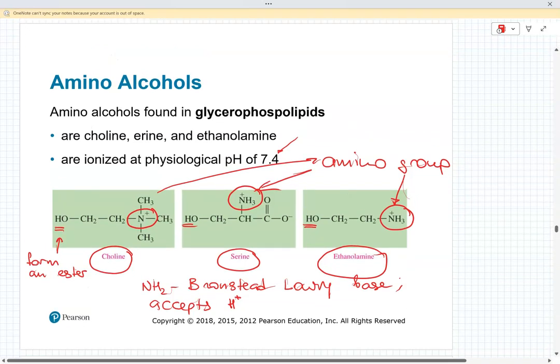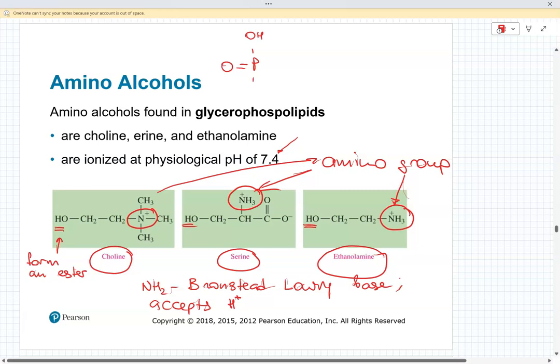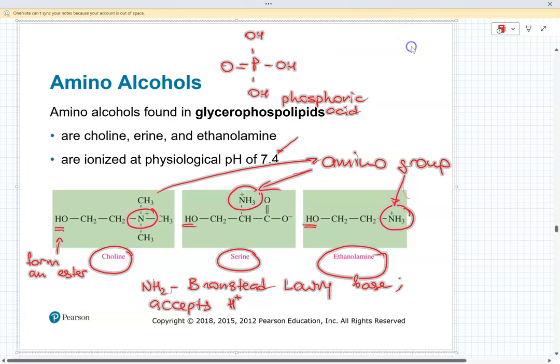Hold on a second. I'll just illustrate it for you right now, okay? For instance, we have this acid, H3PO4, right? I'm going to do the structural formula. So this is phosphoric acid. Does that make sense?